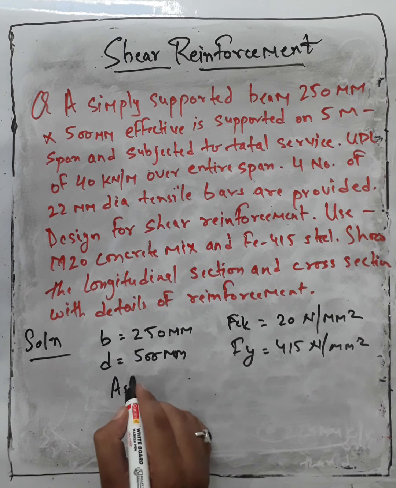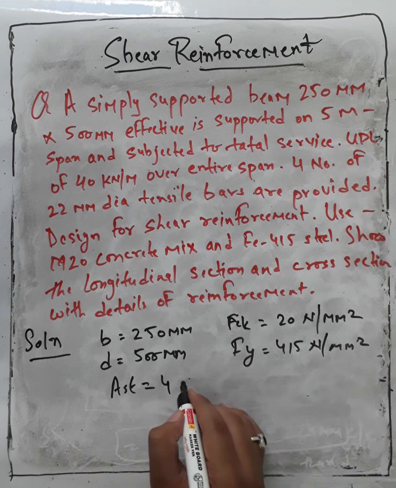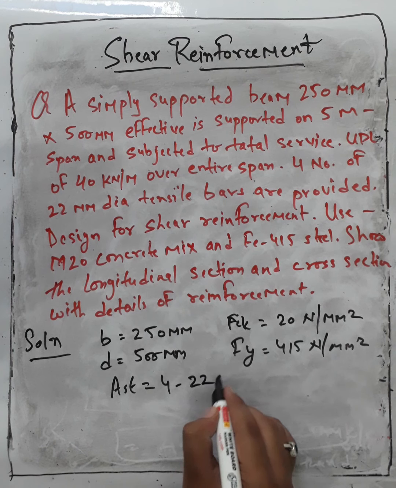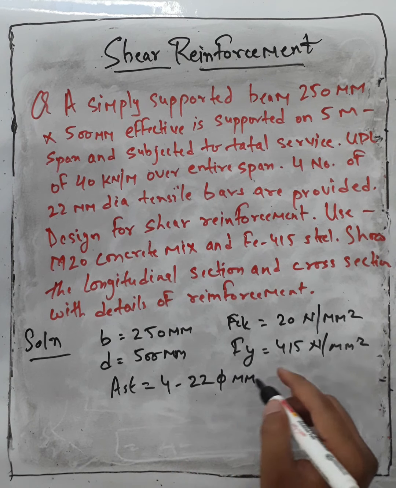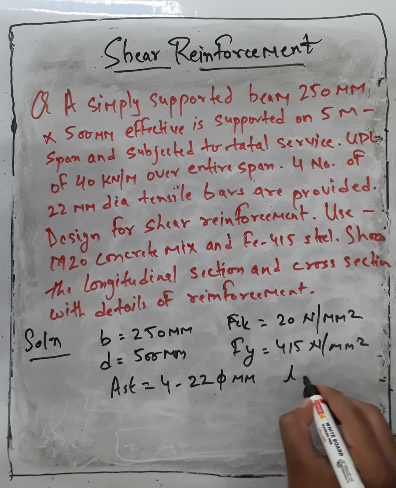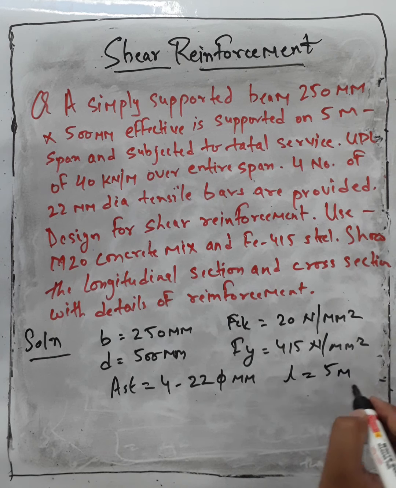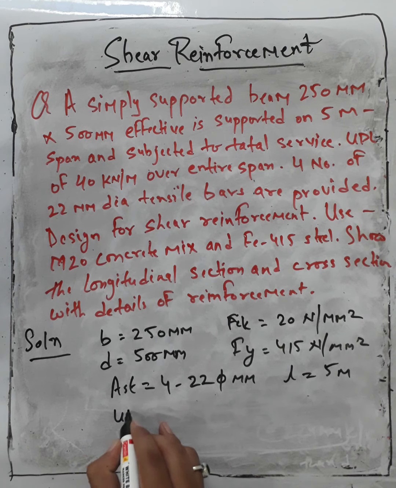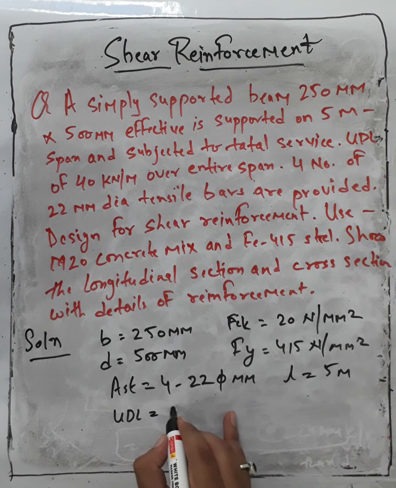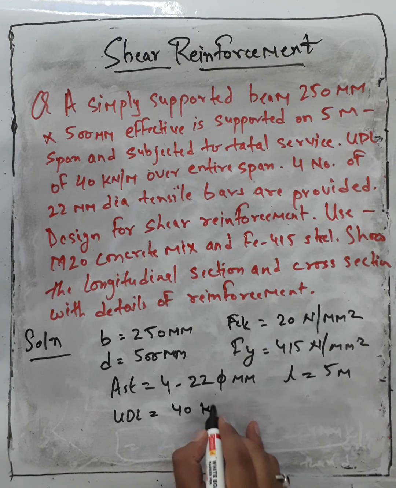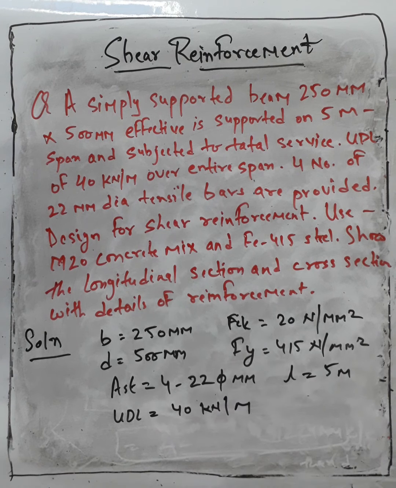Ast is 4 bars of 22 mm dia, span L is equal to 5 meter and UDL is 40 kilonewton per meter. These values we have given.